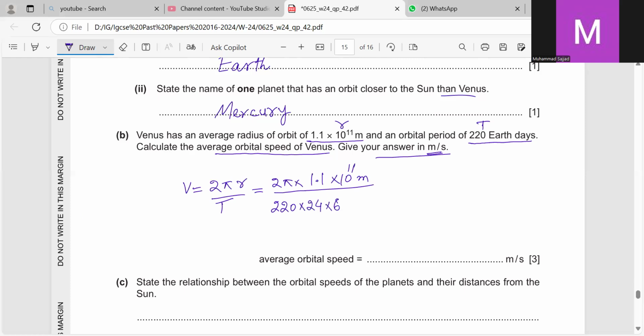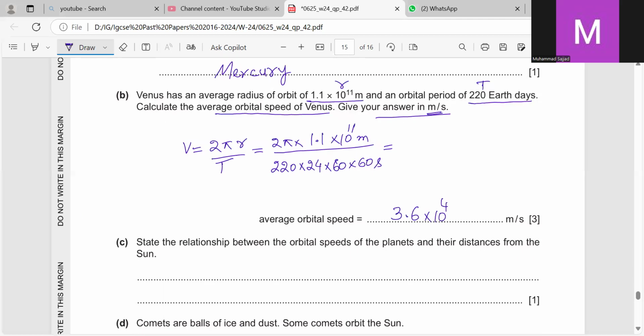Each hour has 60 minutes, and each minute has 60 seconds. So simplify, you will get the answer. And roughly, when we are calculating, answer is 3.6 times 10 raised to power 4 meters per second.